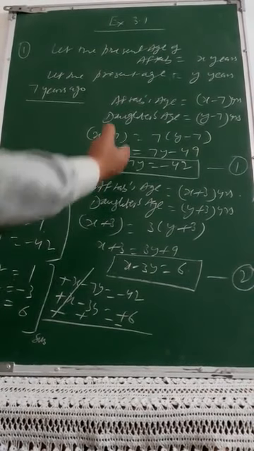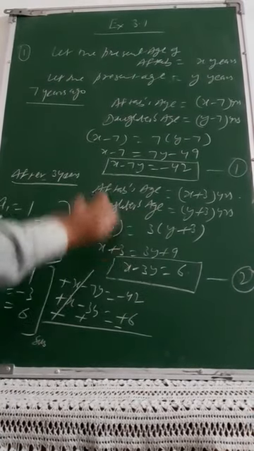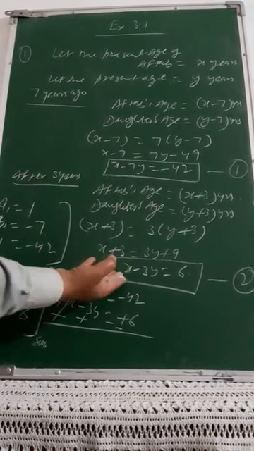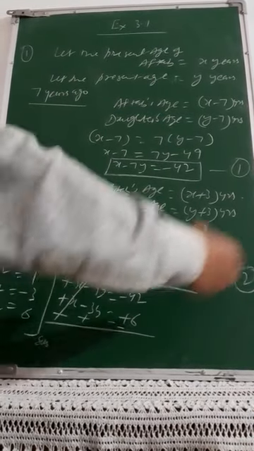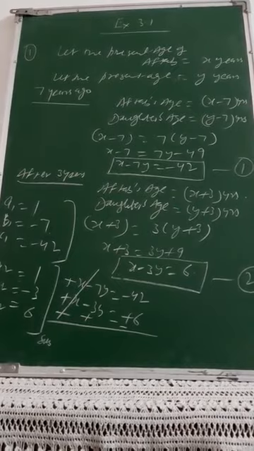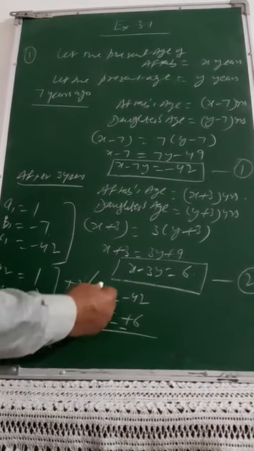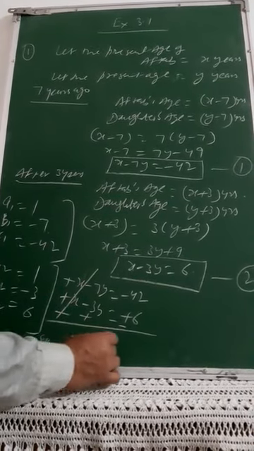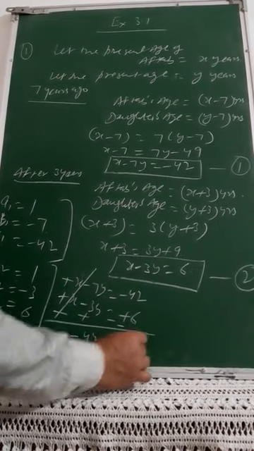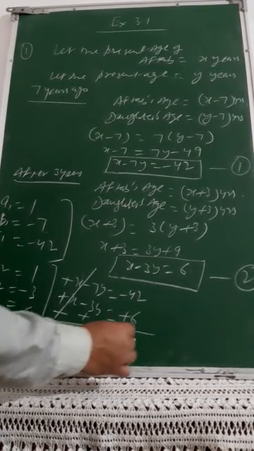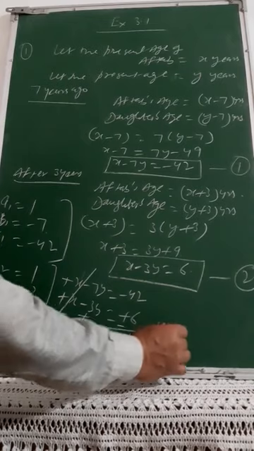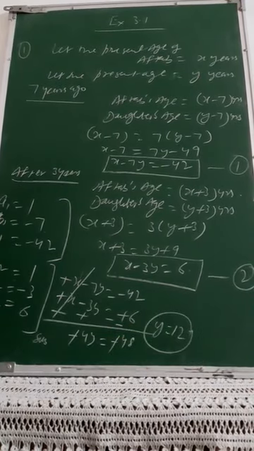But when the coefficients of one variable, either x or y, are the same, you can go for direct subtraction like here. So I change the sign, then this is minus 4y is equal to minus 48. If I cancel this, I get y is equal to 12.